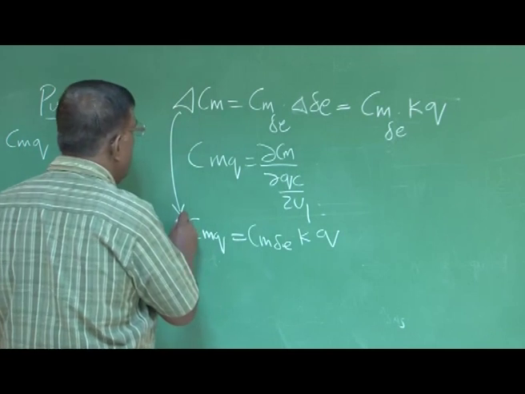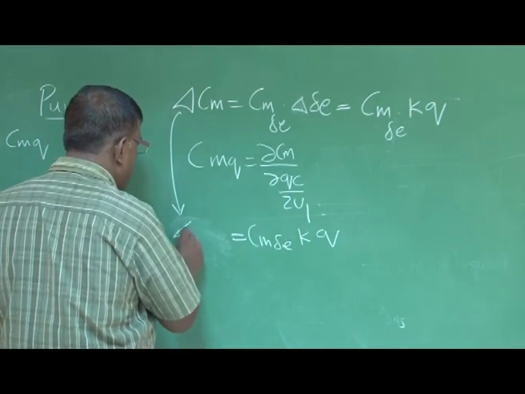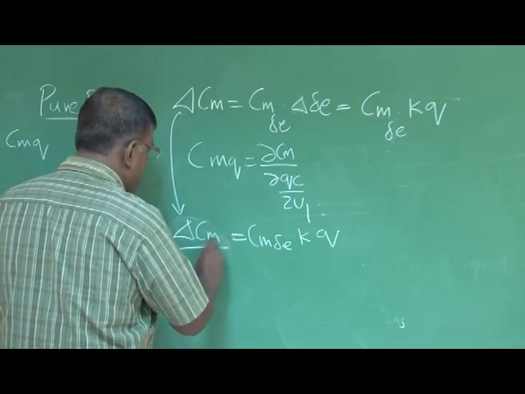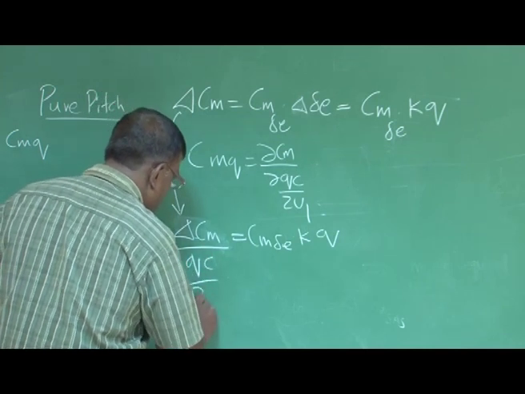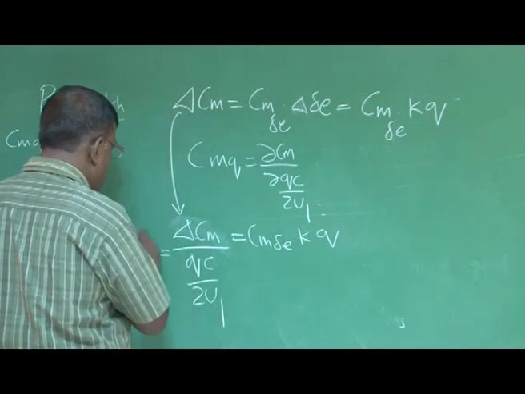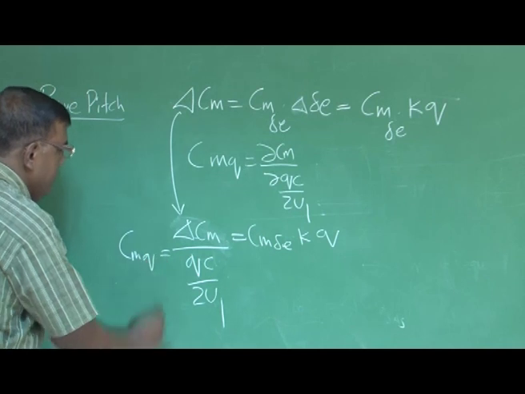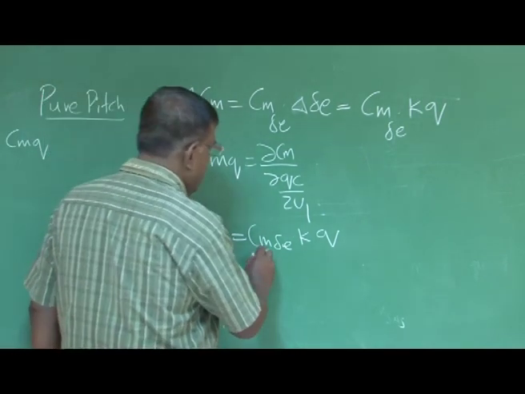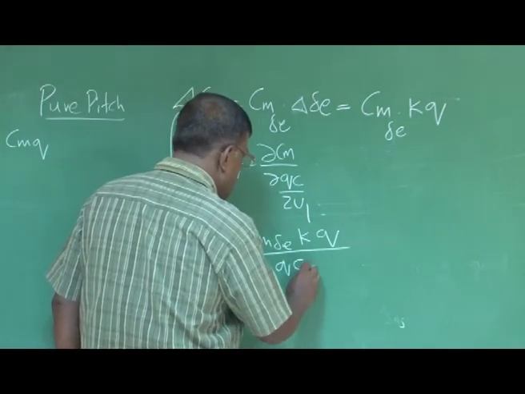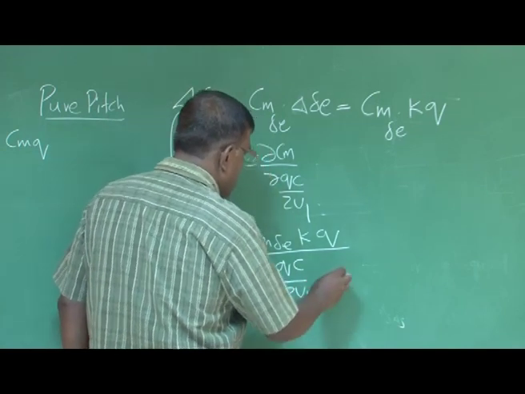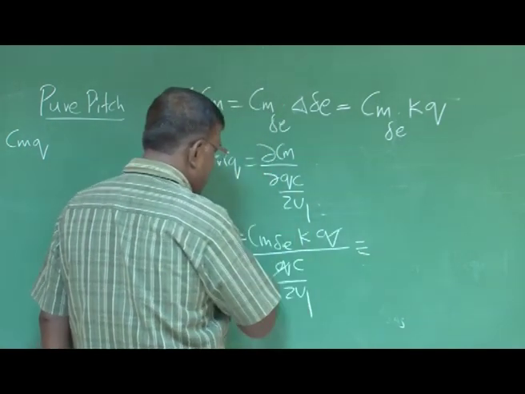For your clarity, let me write delta Cm divided by Qc by 2U1 to get CMQ by definition. So I divide it by Qc by 2U1, and the Q gets cancelled.